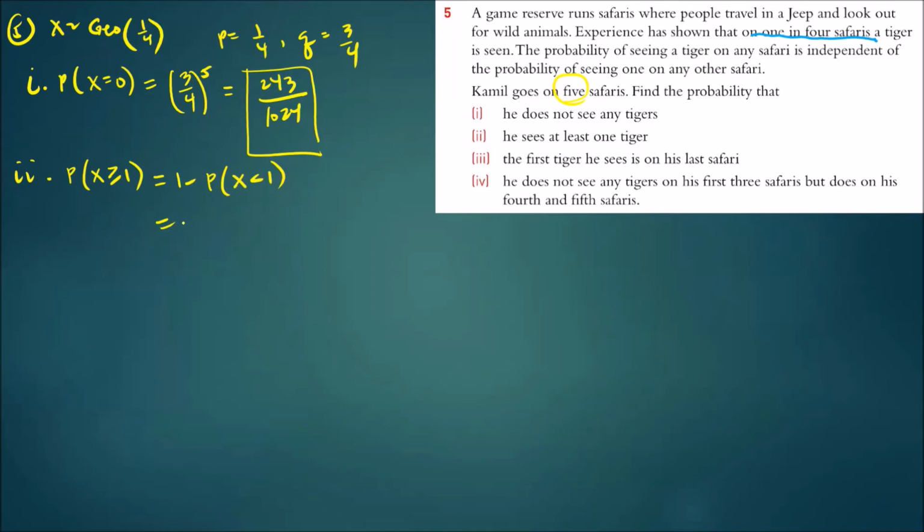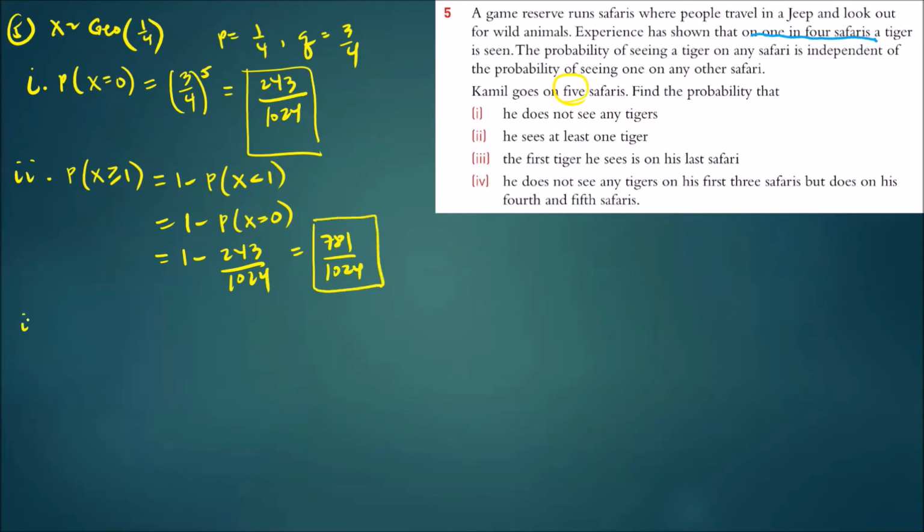Or are you sure? Let's see. The probability that X is less than 1 is equivalent to the probability that X is equal to 0. So we already computed that in I. So that's 1 minus 243/1024, or that is equal to 781/1024.